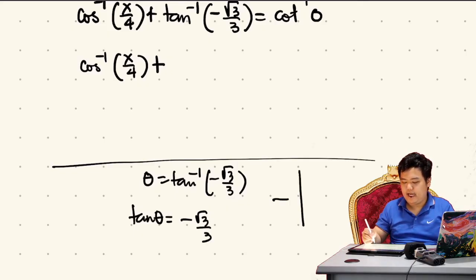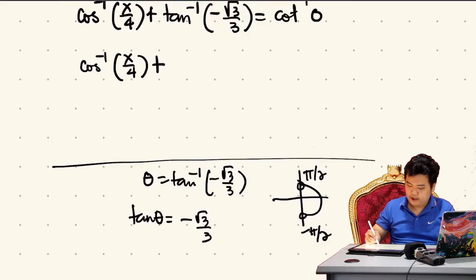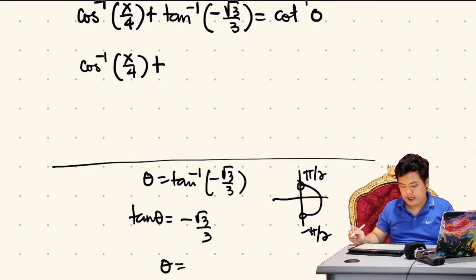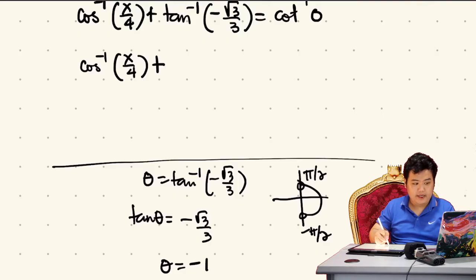Pero ang range ni tangent inverse is negative pi over 2 to pi over 2. So, sinong angle yan doon si theta? So, ito siya kasi negative yung tangent. Okay, at sino yan? It must be negative pi over 6.